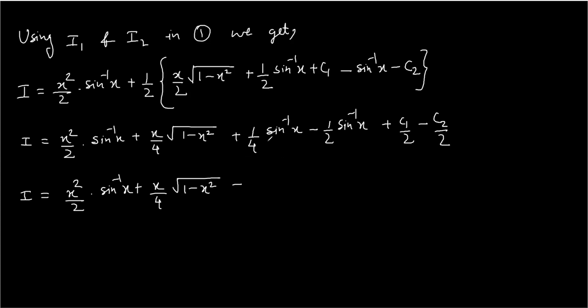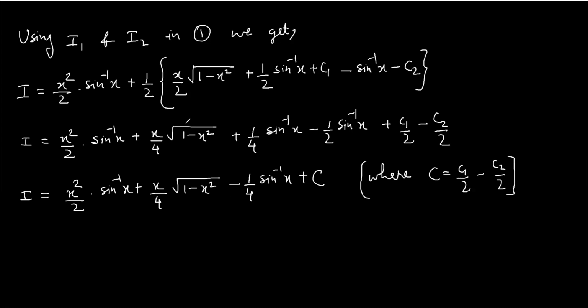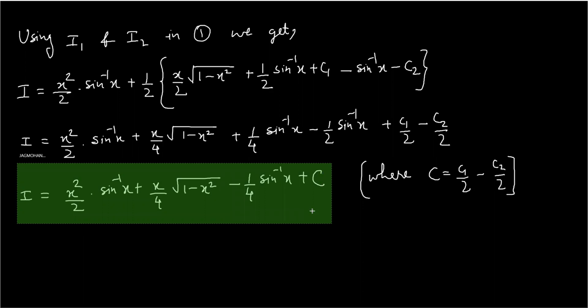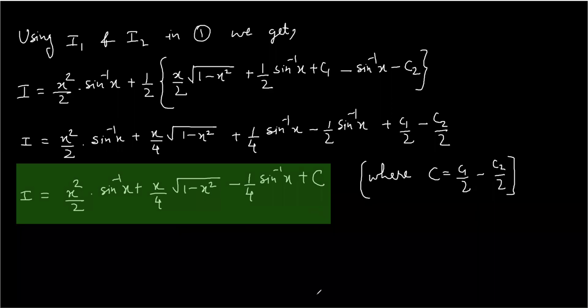So here I get negative 1 by 4 sine inverse x, and this whole thing I replace by a simple constant c, where c is equal to c1 by 2 minus c2 by 2. Okay, so I got the final answer. This is my final answer. I hope you all must have understood this. You can see the whole solution once again and try repeating it on your own. In this problem, we use the theory that we had recently derived.